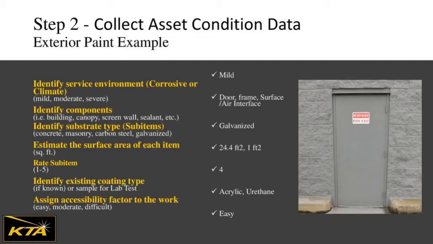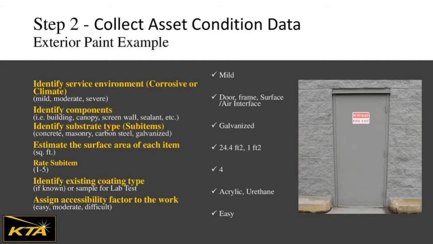And then identify the substrate. In this case, it's galvanized. And then the size of the component. Again, that could be done in square footage, or it could be done as a percentage. And then the rating is assigned. And then identify the coating types. As we'll talk about a little later on, knowing the coating type may be necessary for compatibility.